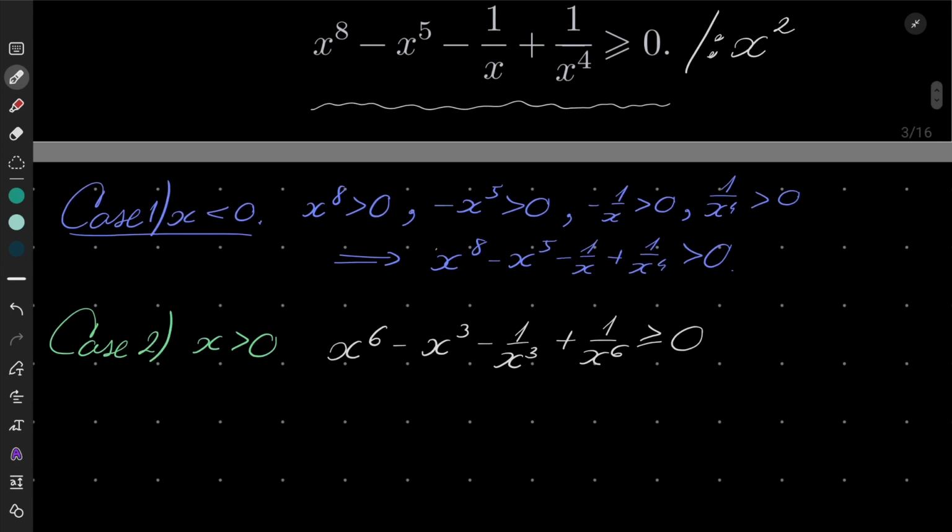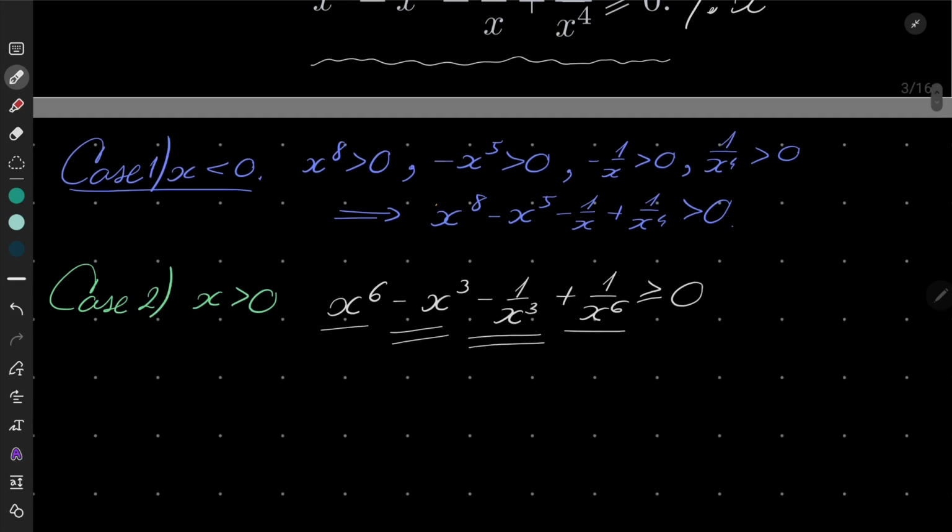And now we have some kind of symmetry going on because we have x to the power of 6 plus 1 over x to the power of 6 minus x cubed minus 1 over x cubed. That suggests that we should do the following. Let's take x to the power of 6 and 1 over x to the power of 6, and put the rest in parentheses.